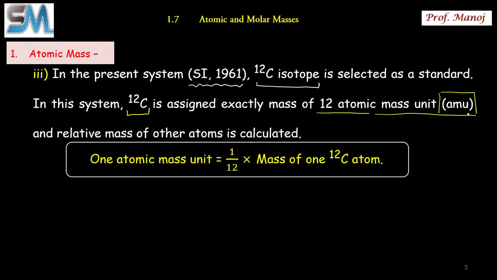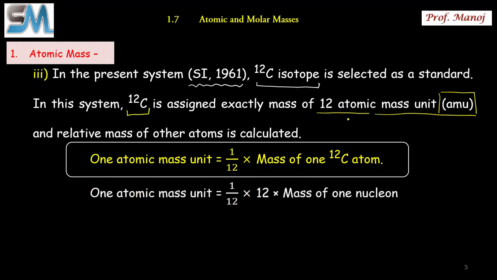Let us analyze this a little bit more. What is the mass of 1 carbon 12 atom? It contains 12 protons plus neutrons. Protons plus neutrons are called nucleons. So I can say 12 nucleons. Instead of saying mass of 12 nucleons, we can say 12 into the mass of 1 nucleon.